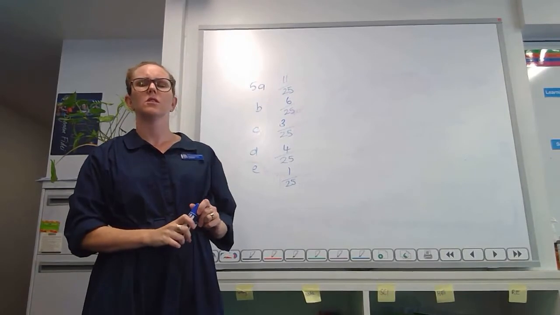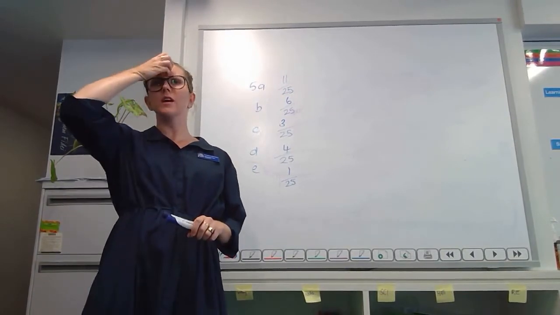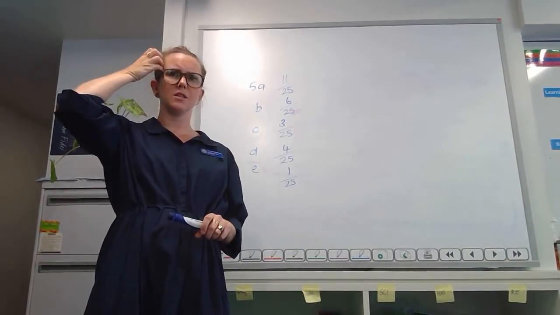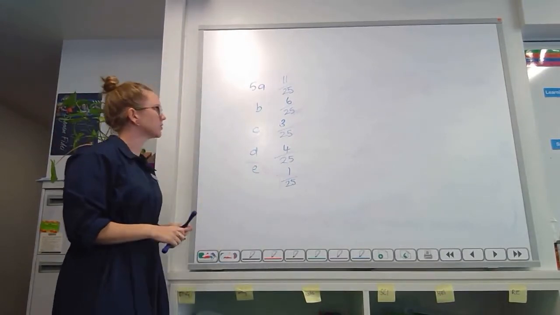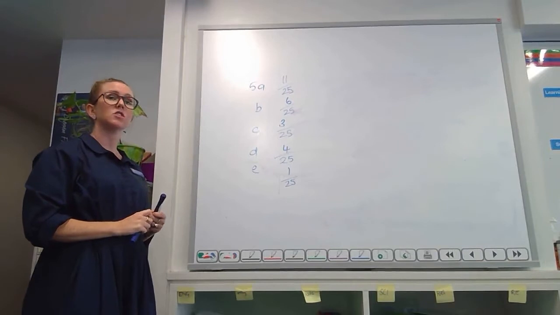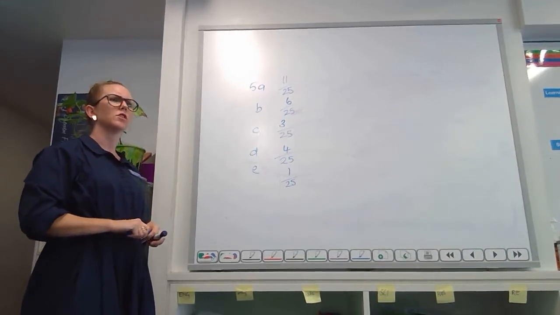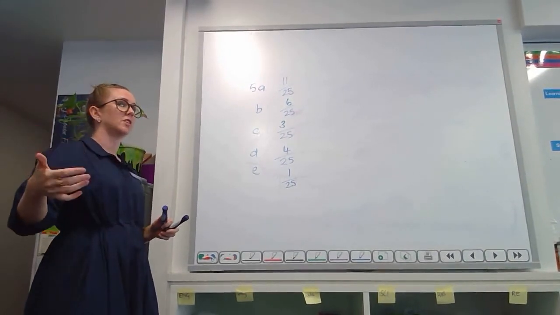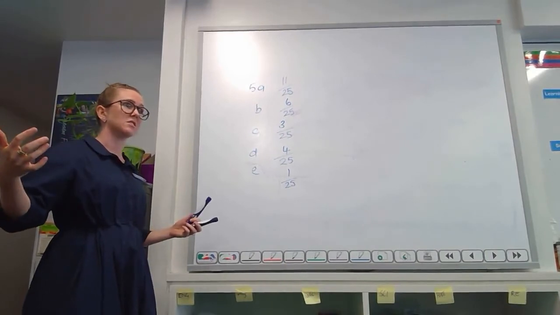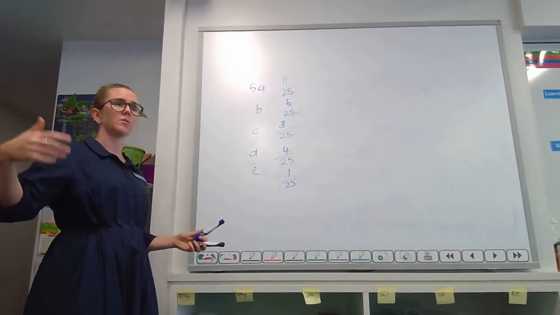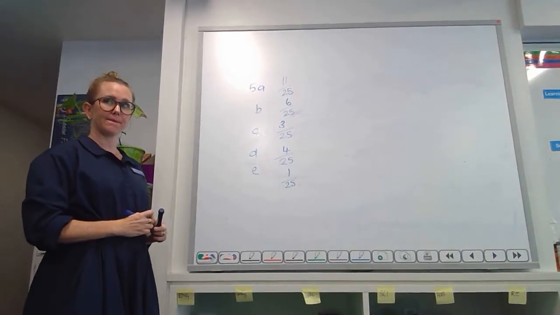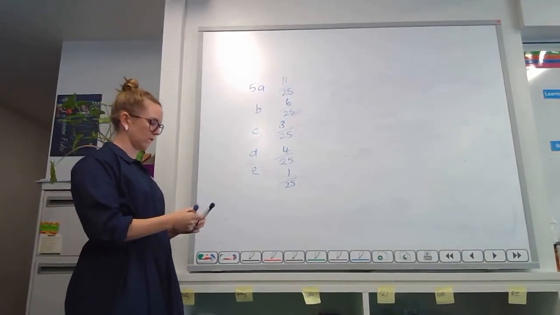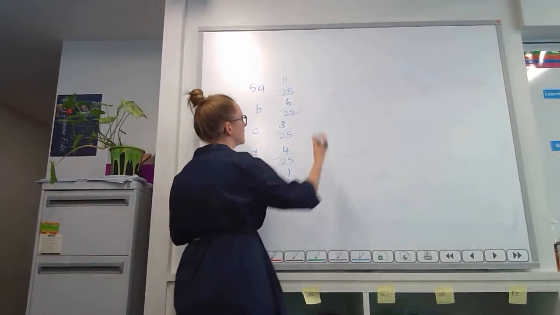Thank you. So now how do I convert that to a percentage? It's not out of 100, is it? No. It's out of 25. Okay. So what have we got to do to make it out of 100? Which is what a percentage is. How many chances if you were to do something 100 times? Well, you've got to make the 25 into 100. Right, and I'll do that by multiplying by 4.